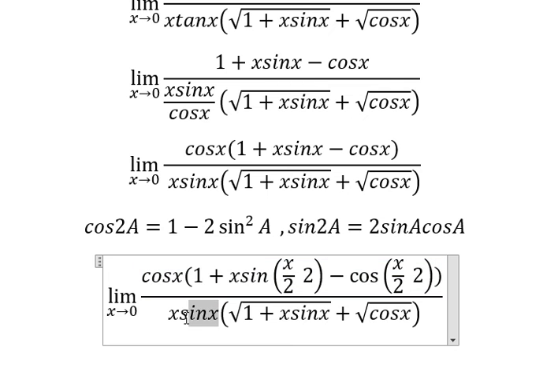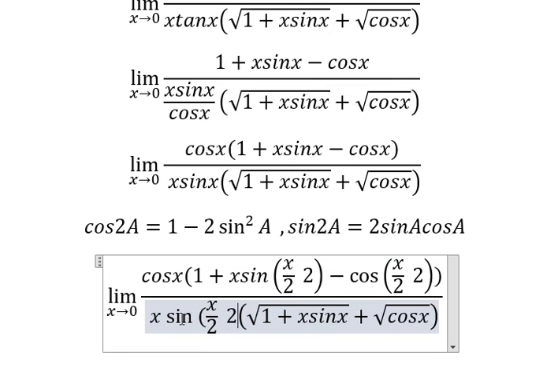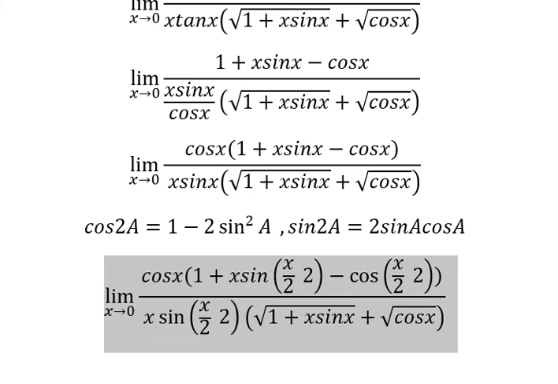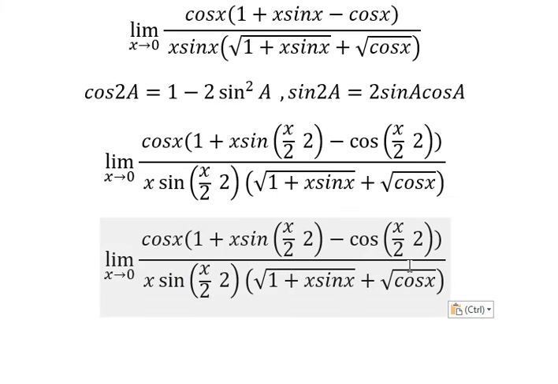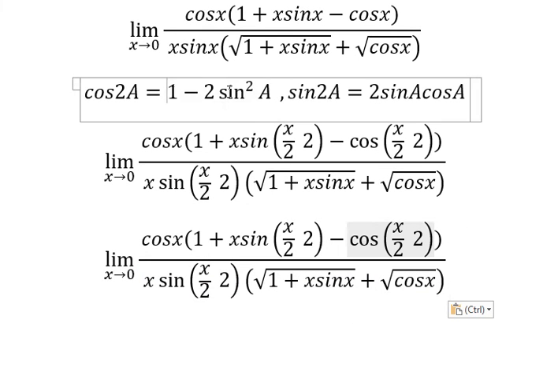Similar for the second one in here. So this one we transform into this one.